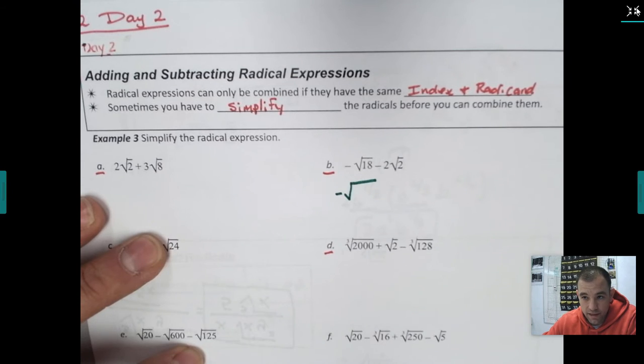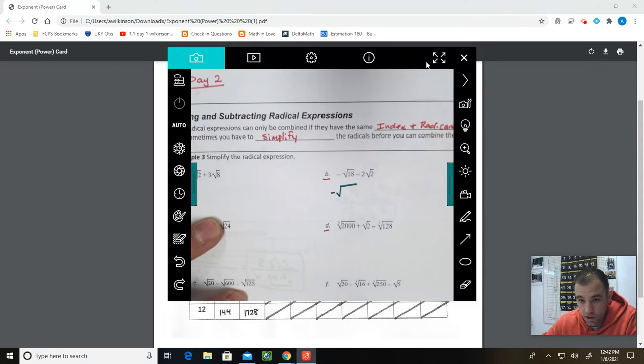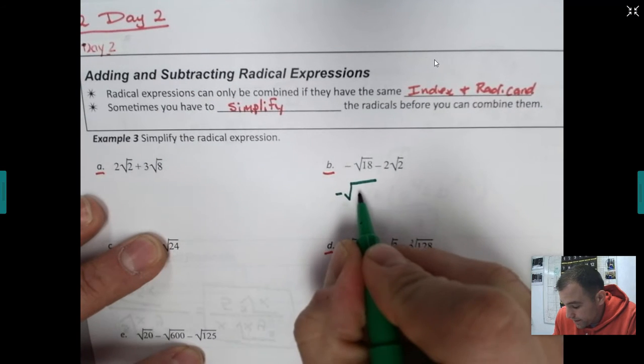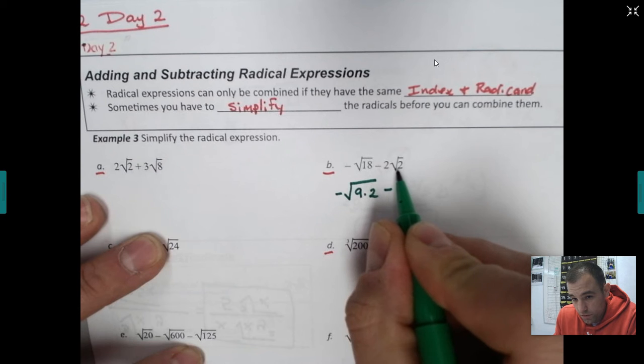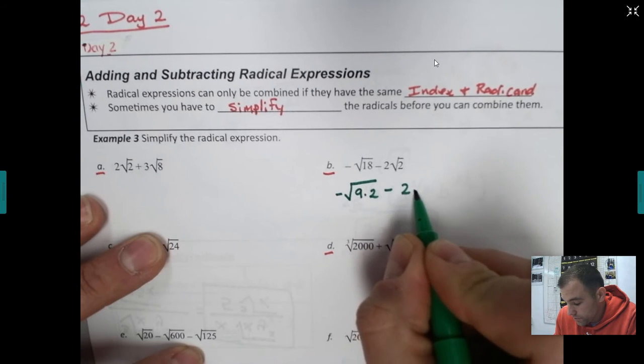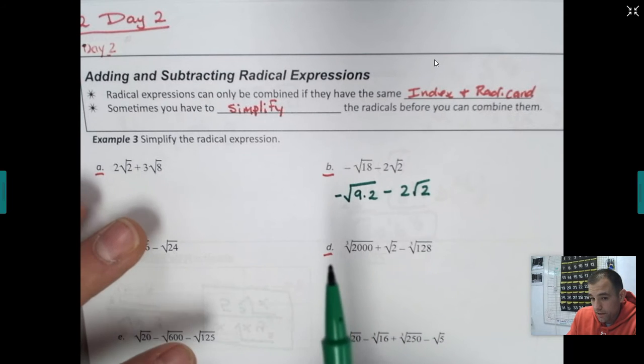If I look at my square column right here, 9 times 2 will give me 18, and 9 is a perfect square. So I'm going to change 18 into 9 times 2 minus this one. This is our 2. I can't really change the 2, so I'm just going to keep it exactly the same. So we had to simplify the 18 first.